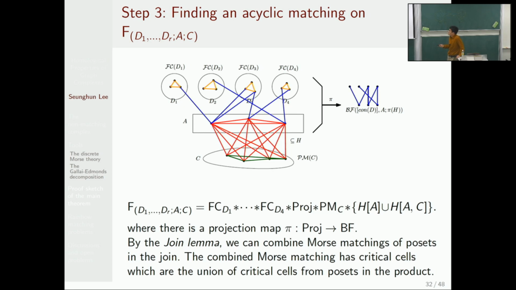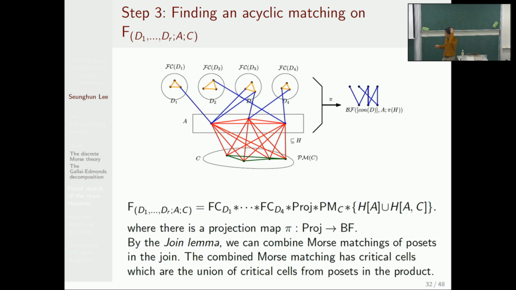So we can introduce this join structure in the given Gallai-Edmonds decomposition, and this can be easily done by the Gallai-Edmonds decomposition theorem. By the join lemma that I have introduced, we can combine the acyclic matching for each factor in the join.